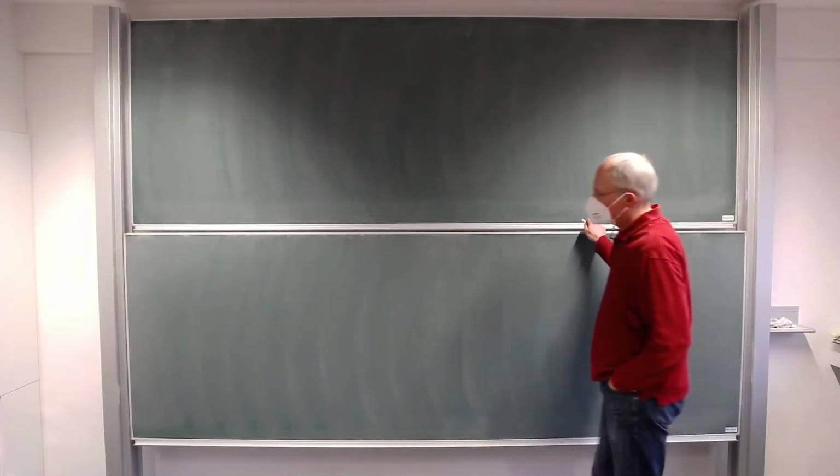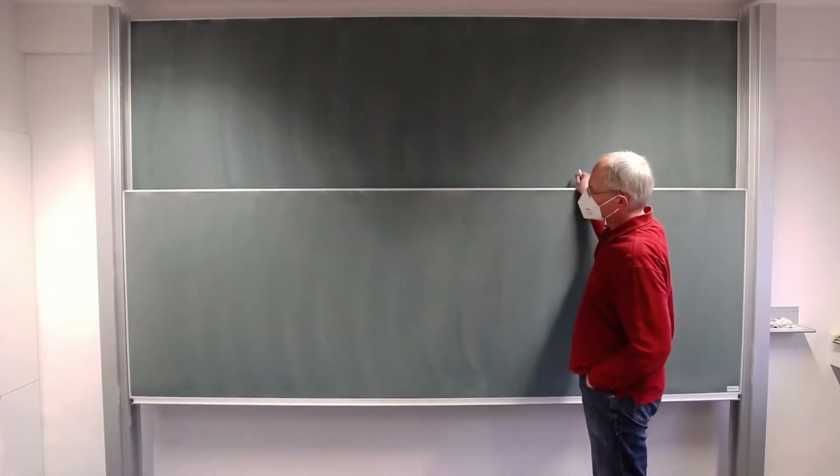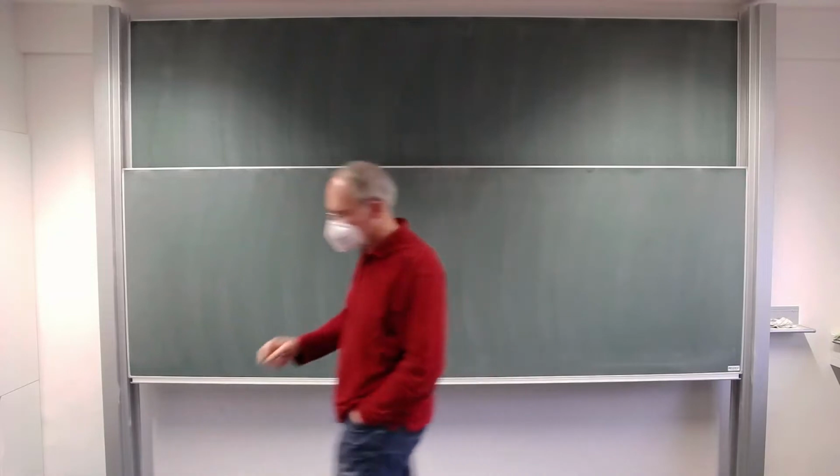Okay, so last time we introduced the Euler class of an oriented Riemannian vector bundle.